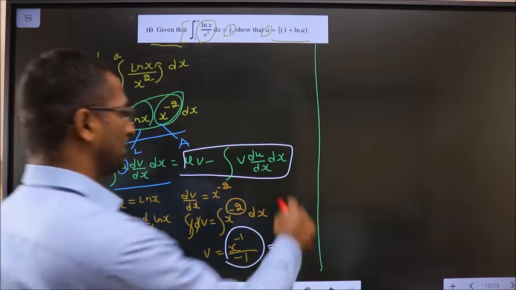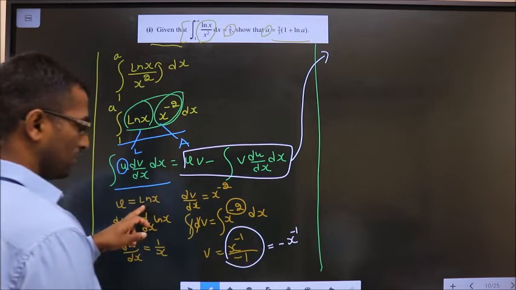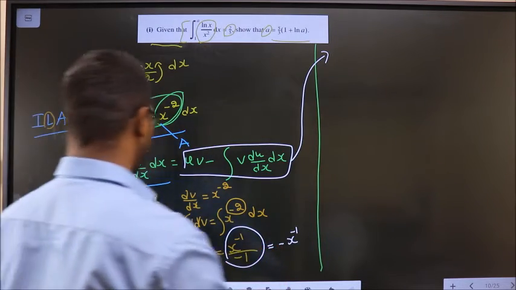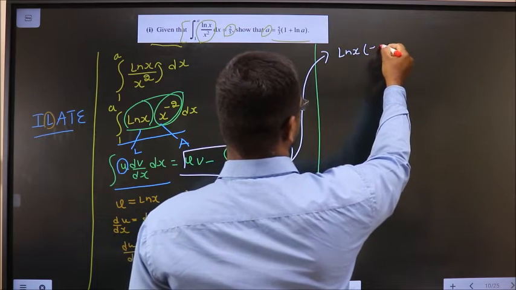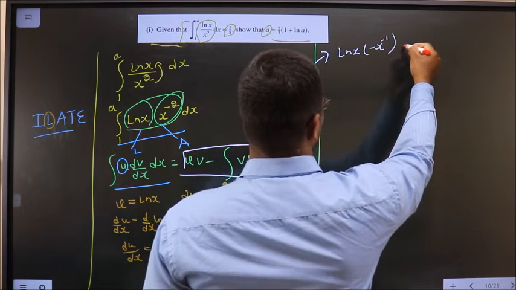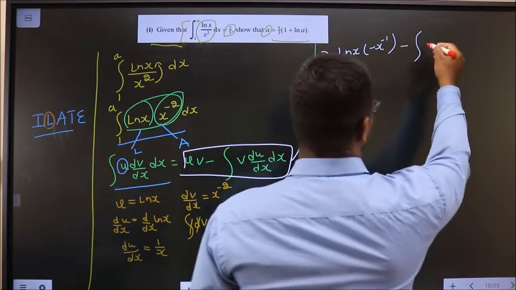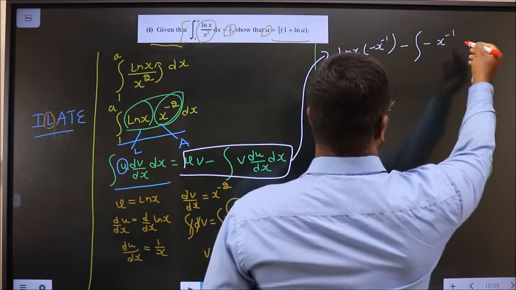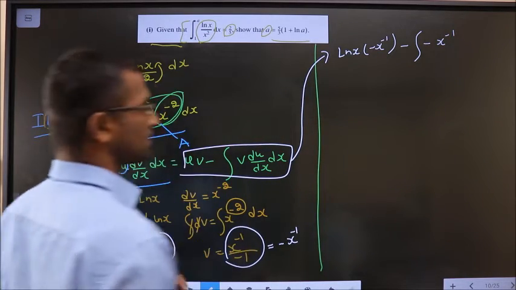So this will become u into v, so ln x into minus x power minus 1, minus integration of v, which is this one, into du by dx, which is 1 by x.